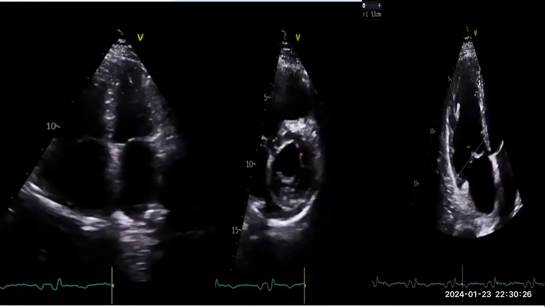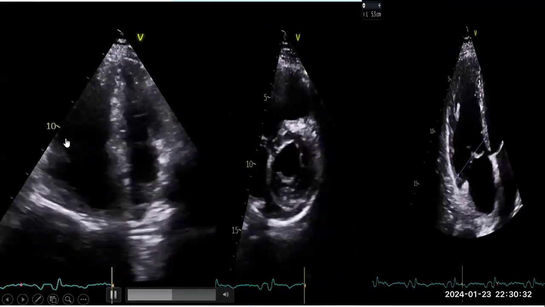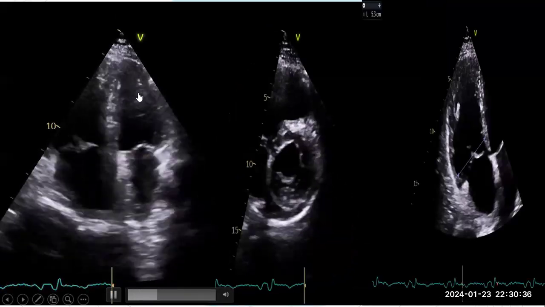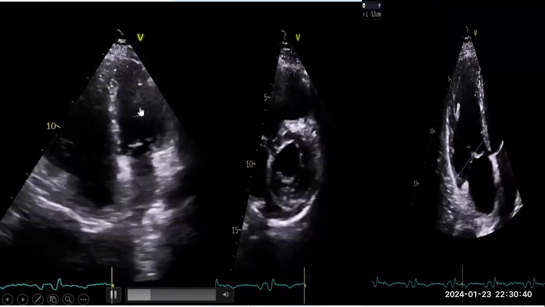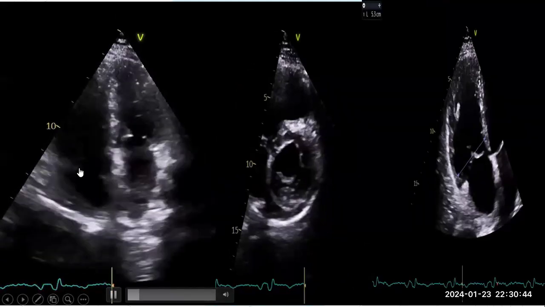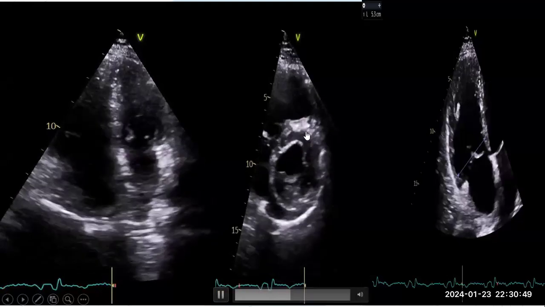Tamam? Again, this is another view. Apical four-chamber, huge RV. The septum is paradoxical because of the pressure inside the RV. The LV is smaller in size than the RV. The RA is enlarged as well. D-shaped septum.